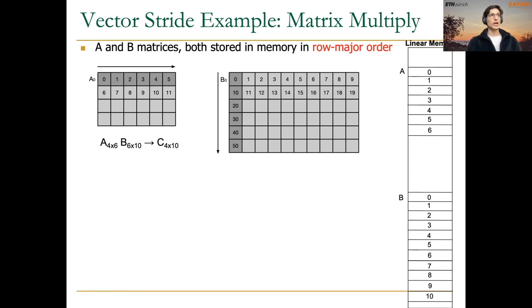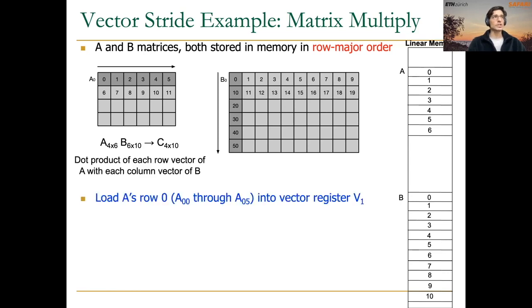And if you execute the matrix multiplication of A and B to obtain the output matrix C, what you will notice is that the way we access the elements in array A is horizontally, right? So the first dot product to execute for this matrix multiplication is the dot product of this row A0 and this column B0.